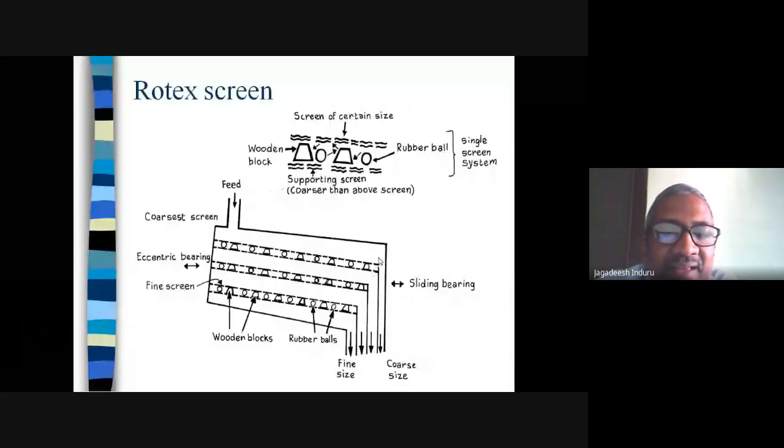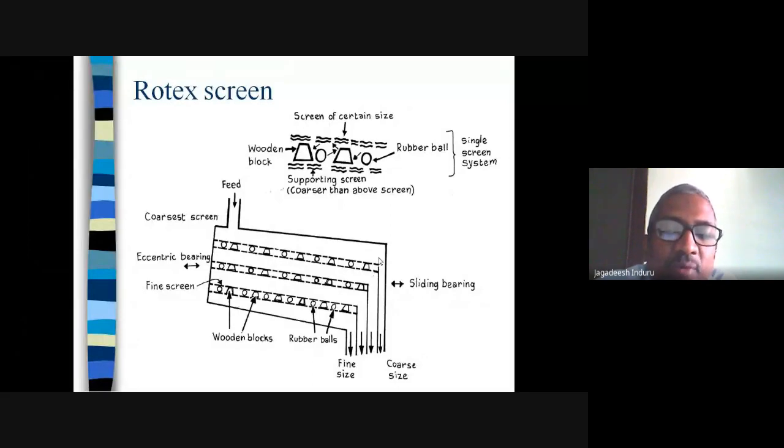In the third screen, it is again separated into plus material and minus material, and the minus material comes out as a fine powder, that is fine size, and we get the plus material as a separate fraction. It means the feed is one mixture containing 4 different fractions separated at the bottom.